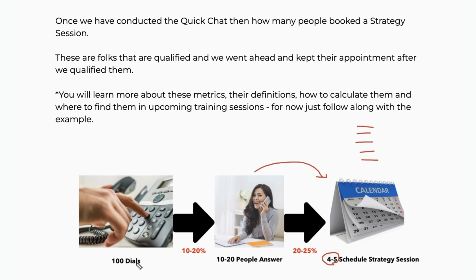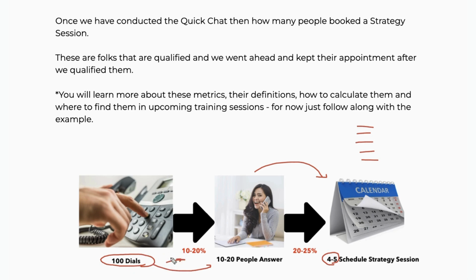So this is how the breakdown works. You had 100 dials. Out of the 100 dials, about 10 to 20% of people pick up the phone. The reason we're using 100 dials is because it's easy for math. If you're doing it on your end while watching this, you can take 100 and multiply by 0.1 or 0.2, which is 10 to 20% of 100 dials.